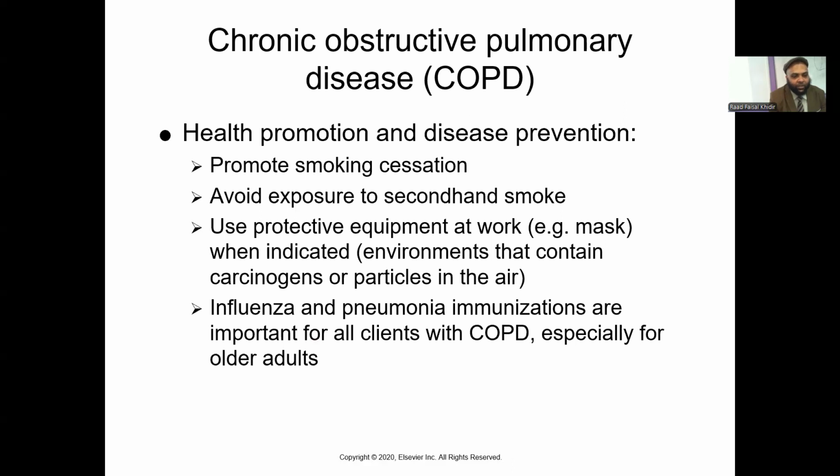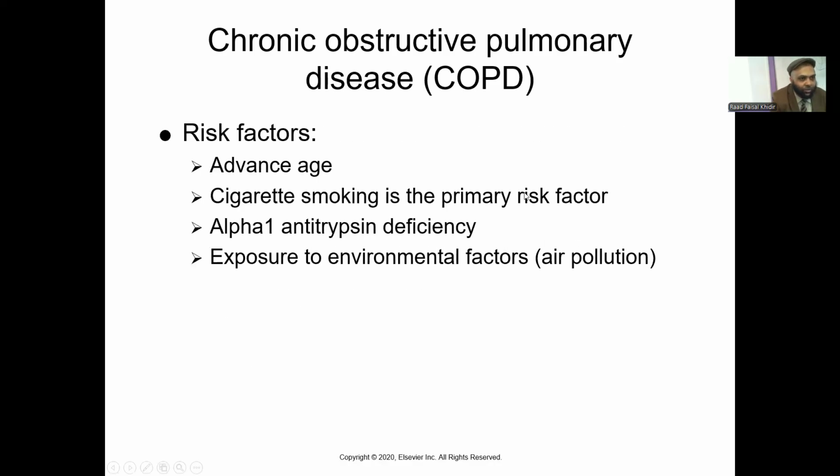Influenza and pneumonia immunizations are important for all clients with COPD, especially for older adults. Risk factors: we have advanced age, and cigarette smoking is the primary risk factor. There's alpha-1 antitrypsin deficiency, and there's exposure to environmental factors, like air pollution.